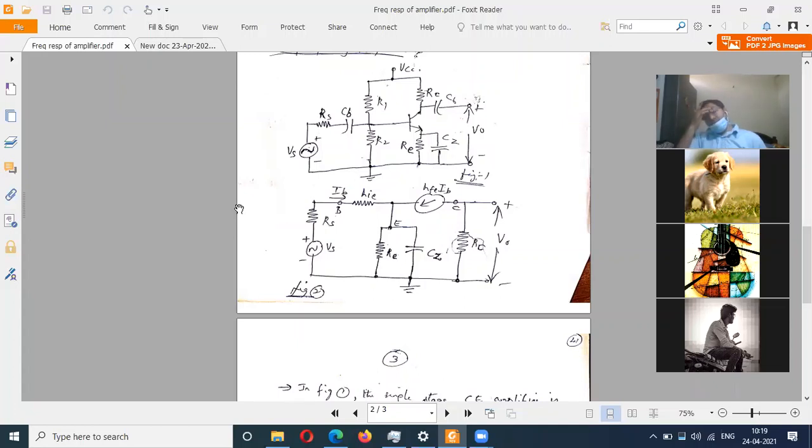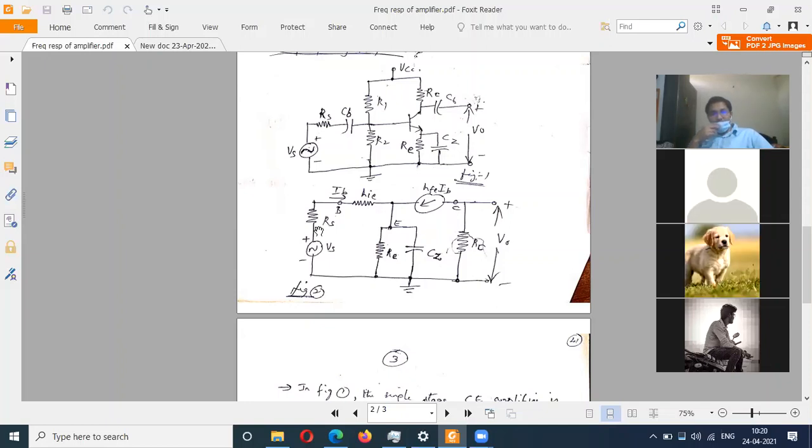I am not asking you rocket science. Very easy question I am asking. Quickly. Vs is equal to, at least half you tell, whatever you know. Devender, KVL.